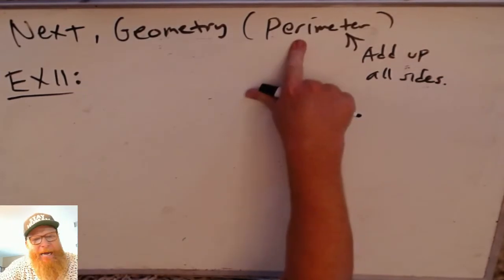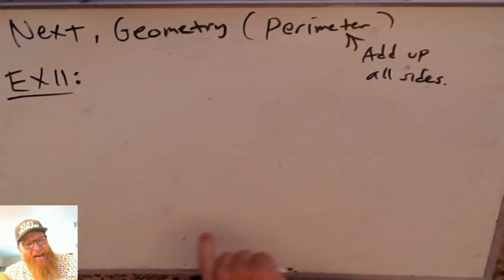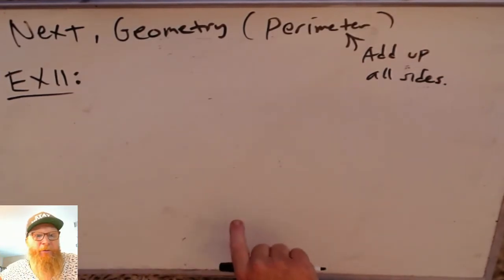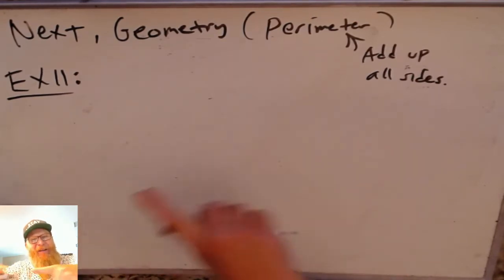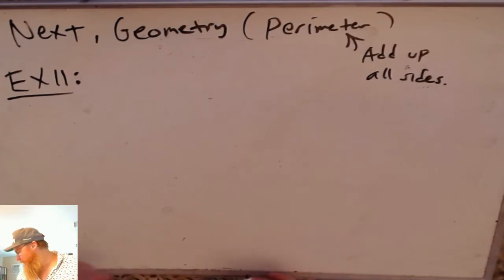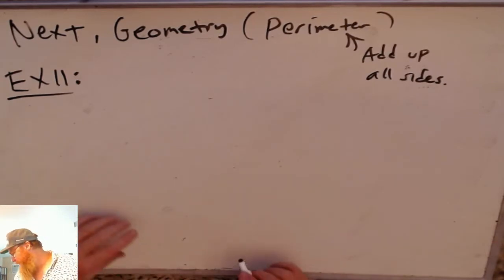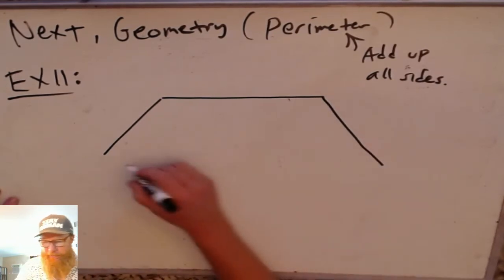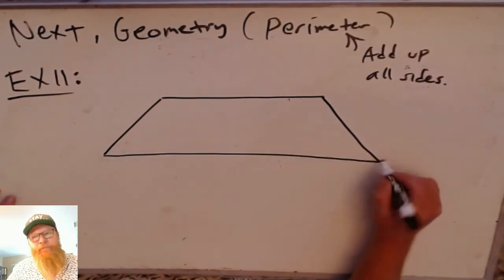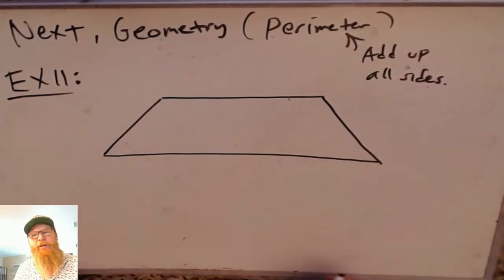Peri means outside, like peripheral or perimeter. The outside, the fence. And you're just going to add up all the sides. This is called a trapezoid.